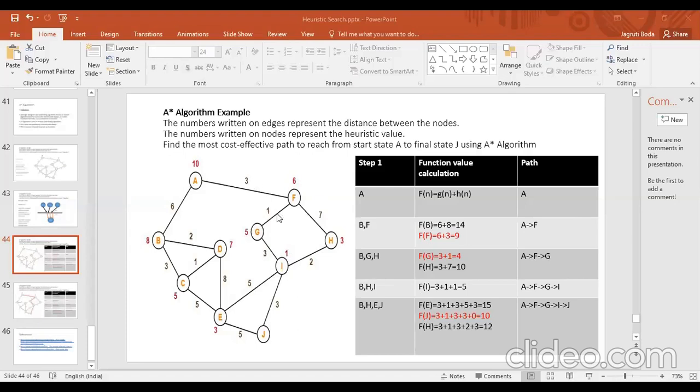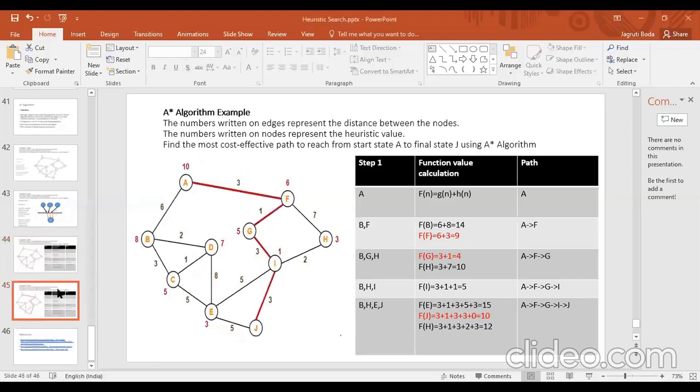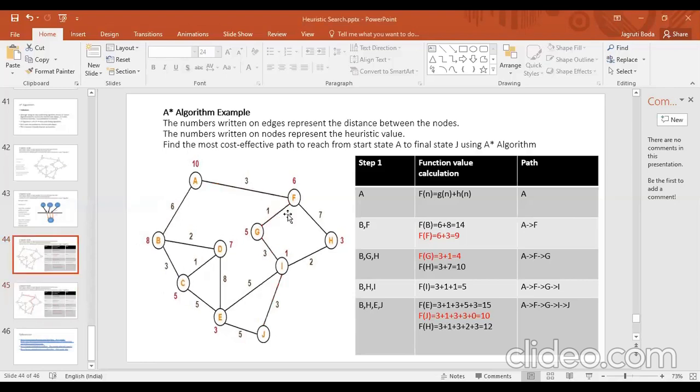So what is the f of I value? That is 3 plus 1 plus 3. Okay. Here I have to reach the node I. So here starting with the A node, 3 plus 1 plus 3. यहाँ पे 3 आएगा, right?